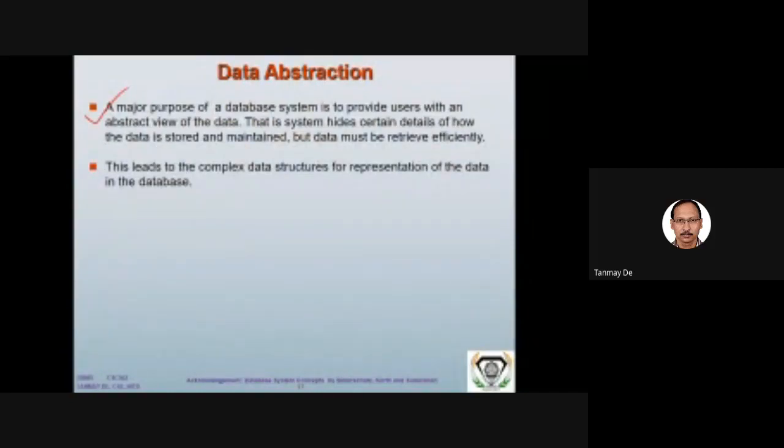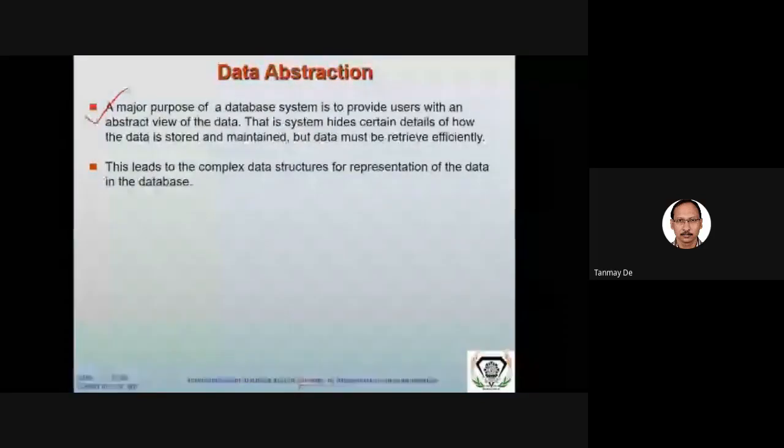So this leads to the design of complex data structures for representation of the data in the database.